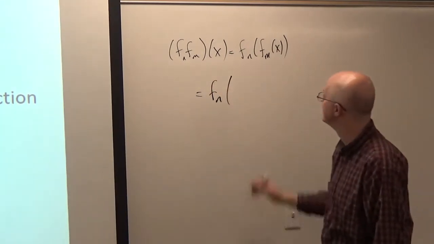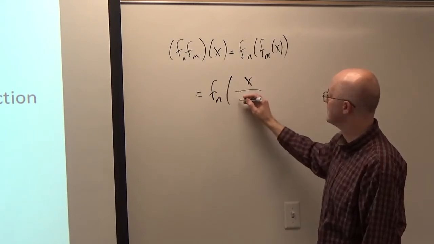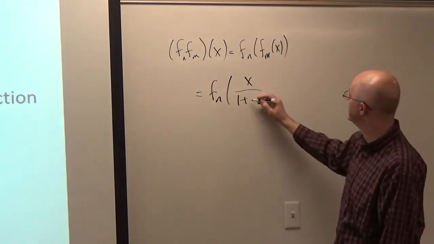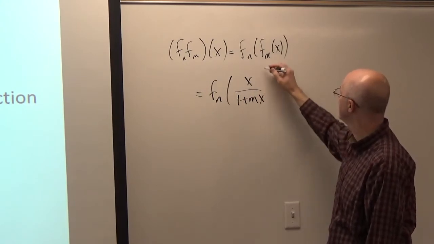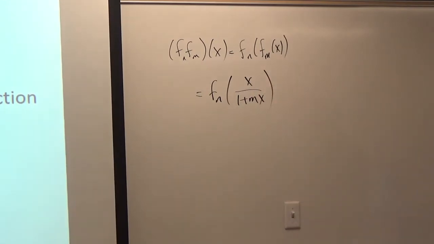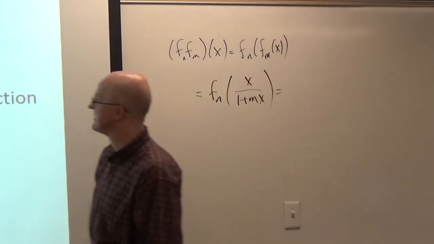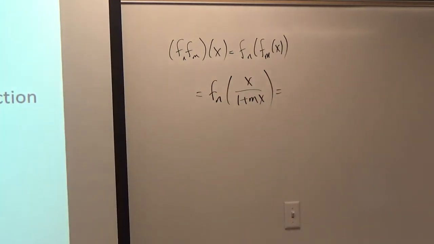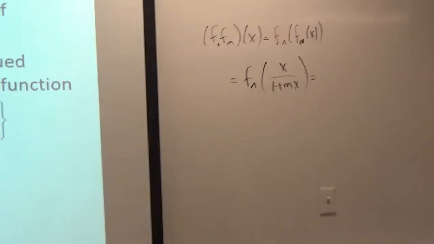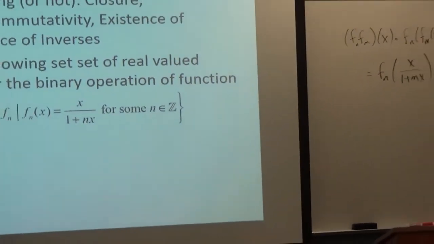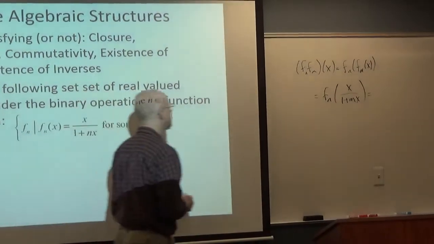f_m of x has a formula, as long as we're not dividing by 0, we're not worrying about domains here, it equals that. Plug that into f_n, what does that mean? It means replace the x right there and right there with that expression, the output of f_m, x over 1 plus m times x.